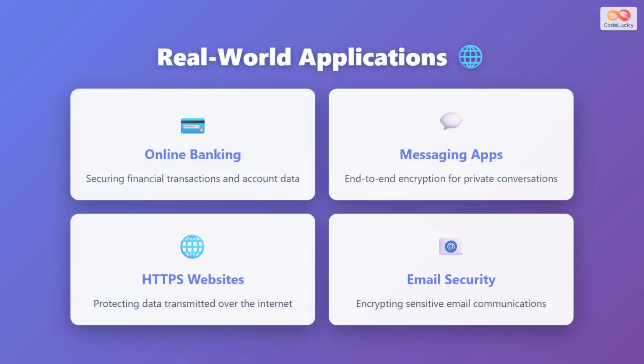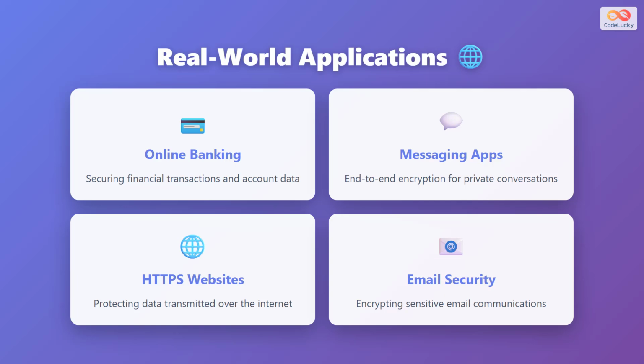Encryption and decryption are used everywhere in our digital lives. Online banking systems use encryption to secure financial transactions and protect your account data from hackers. Messaging applications like WhatsApp and Signal use end-to-end encryption to ensure your private conversations remain confidential.